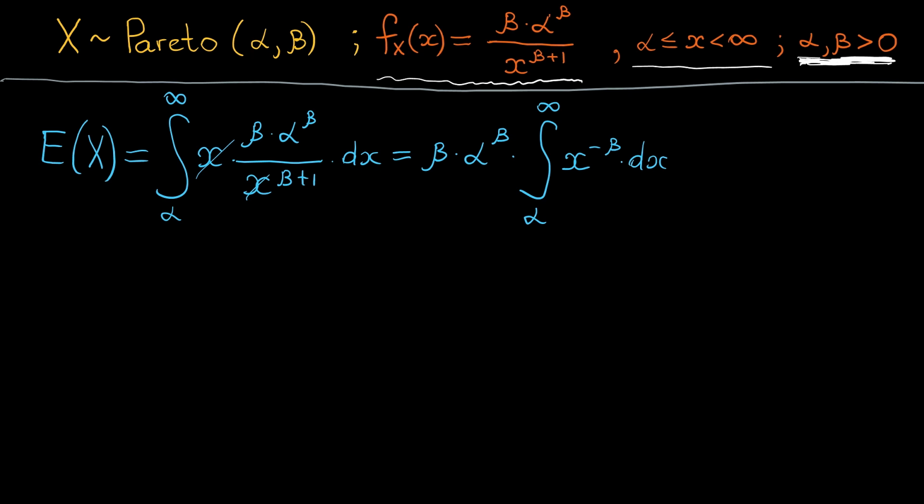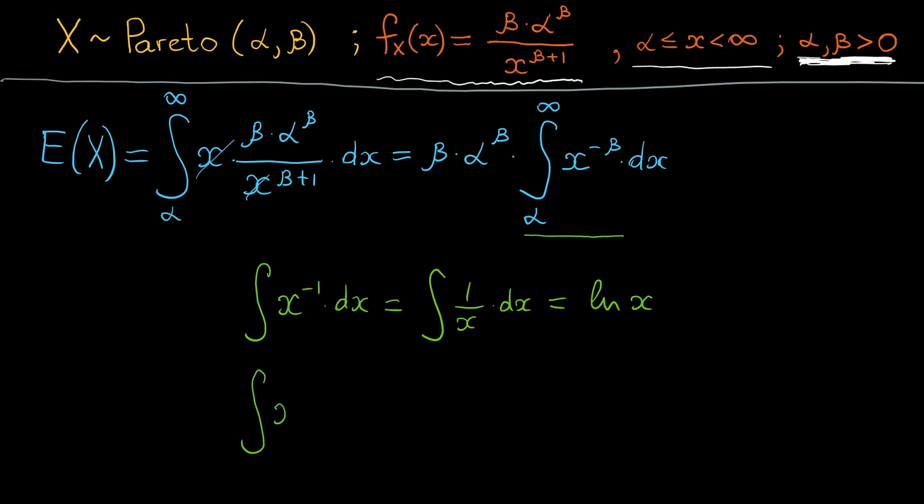Okay, so this is where we need to be careful. It might be tempting to apply the power rule here, but we have to be careful because the integral of x to the power of minus 1, or in other words, the integral of 1 over x, is log of x, right? This is not obtained by the power rule.